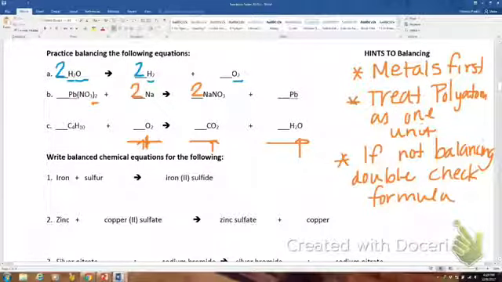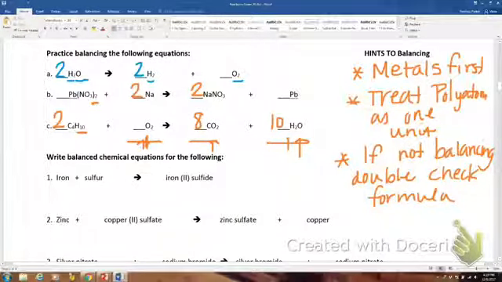So what I look at is the hydrogen right here, and if I divide that by 2 to see what I need to put here, I'd have to put a 5. That's not going to work, so I'm going to automatically bump this up to 2. Now I would put 10 here to get 20 hydrogen. I have 2 times 4, so I need to put an 8 right here.